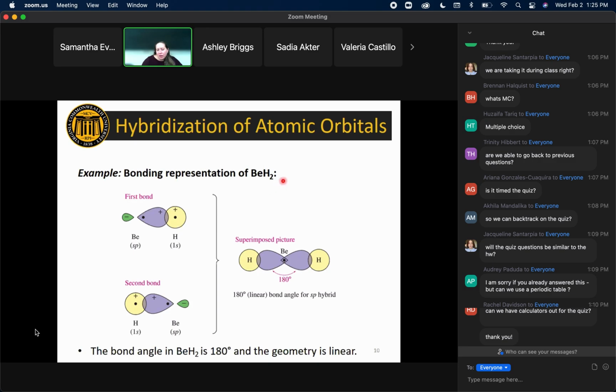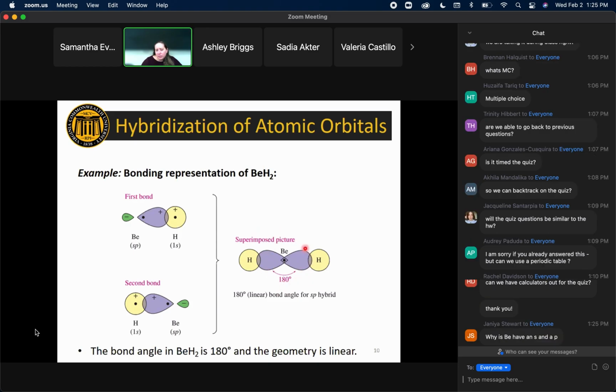So we're going to put together our s from beryllium and our p from beryllium to make an sp pointed to the right and an sp pointed to the left on beryllium. And if you look over here on the superimposed picture, look only at the purple part right here. That'll give you a picture of what is happening at the atomic orbital level of the beryllium, right? So this beryllium has now hybridized its s and one of its p orbitals together to make the sp orbital pointed this way and the sp orbital pointed this way.